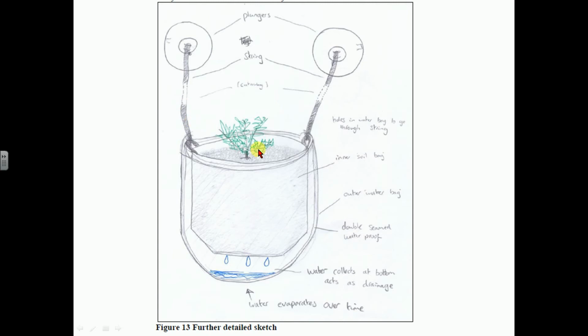So remember our student, they started off with grey pencil, simple sketching, then they introduced a little green for the plant, and now they've introduced shading, they've introduced blue for the water, so the style of the drawings has definitely improved.